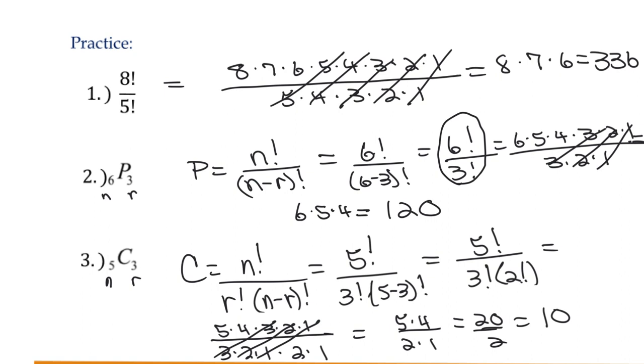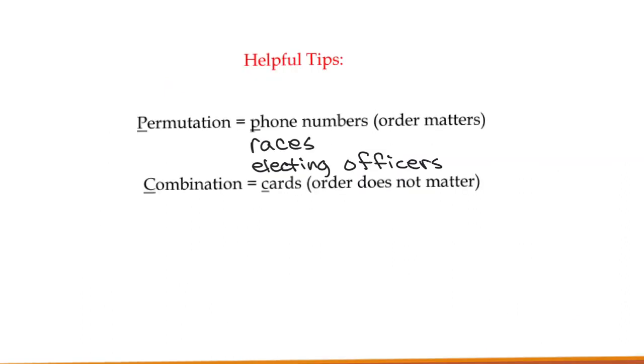We expand. The numerator is 5 times 4 times 3 times 2 times 1. 3 factorial is 3 times 2 times 1 times 2 factorial, which is 2 times 1. The 3 factorials cancel out, and it gives us 5 times 4 over 2 times 1, which is going to be equal to 10.